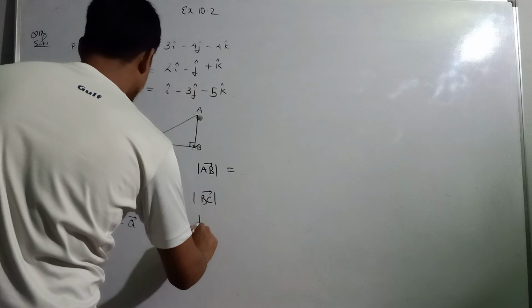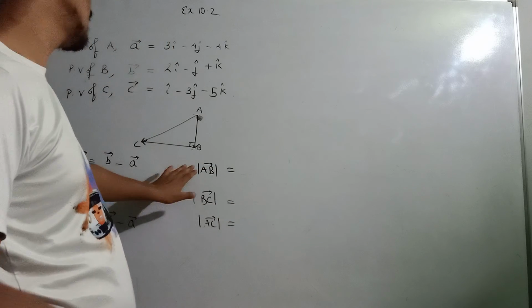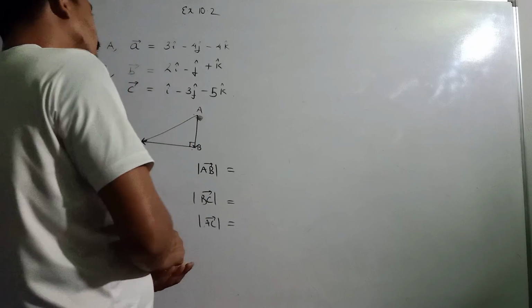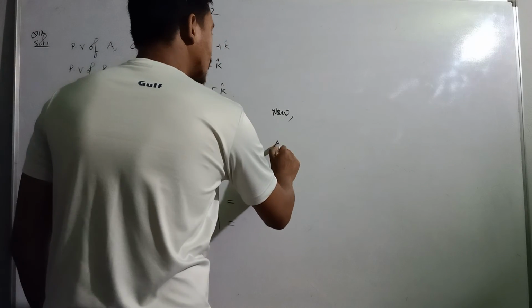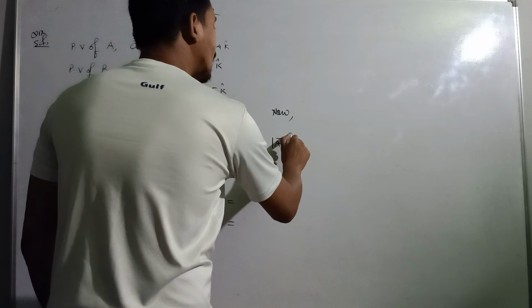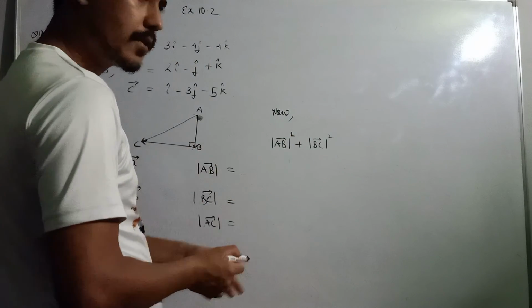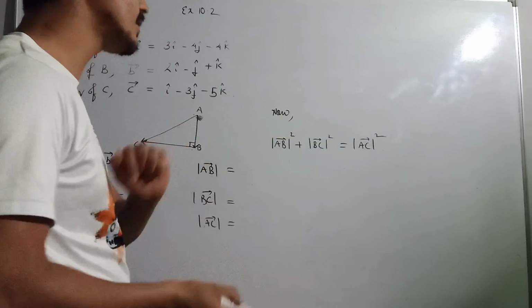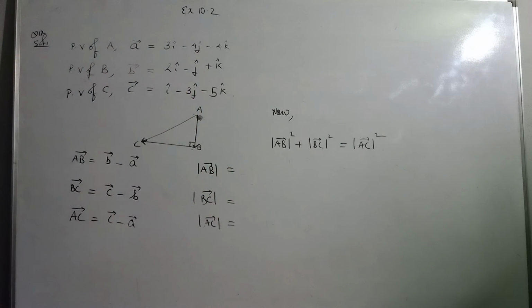Now, if you can verify that the sum of the squares of the smaller two sides is equal to the square of the larger side, then the given points are the vertices of a right triangle. It's very simple. Is it okay?